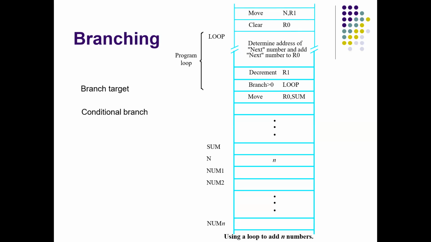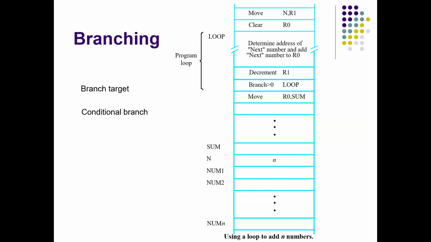We are moving the number of terms into R1, and within the loop we are storing the summation value in R0. After the summation we are decrementing the R1 value because R1 contains the number of elements.